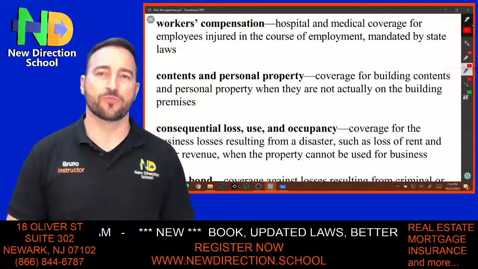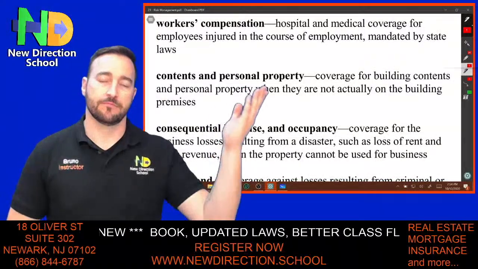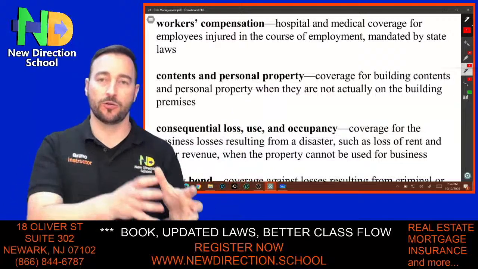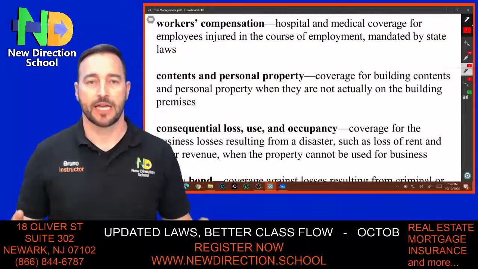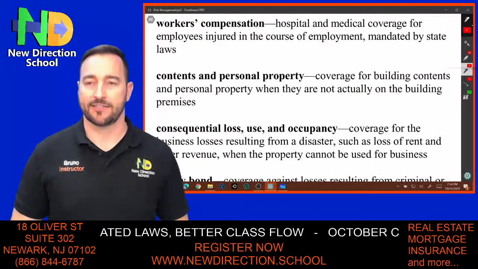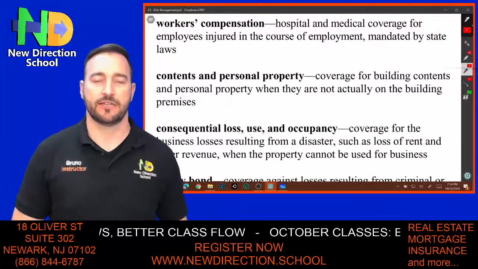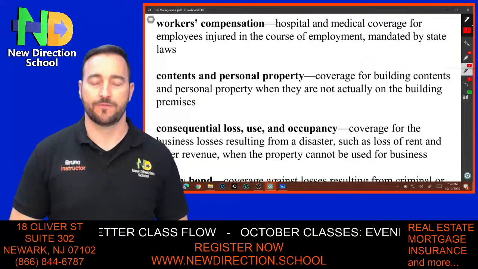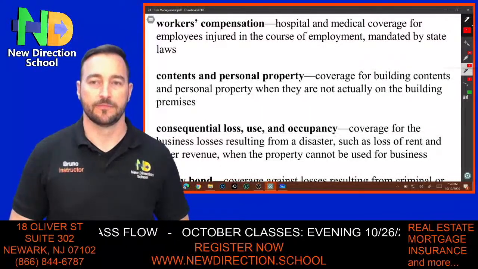Contents and personal property. This is traditionally for renters, because property owners already have that included in their policy. But renters insurance, and by the way, everybody, if you're a tenant, it's only like 15 to 20 bucks maybe. If you're a tenant, get rental insurance. 15, 20 bucks a month, I think everybody can afford. So get it.